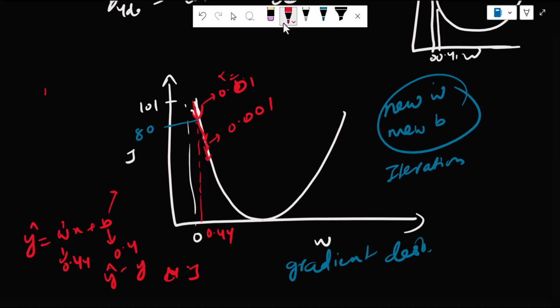But if we take very long steps, if the learning rate is, let's say, 0.1 or 1, the steps become longer, and we might overshoot and realize that we have not reached the intended destination, and then we go back and forth. So this learning rate value needs to be optimum.